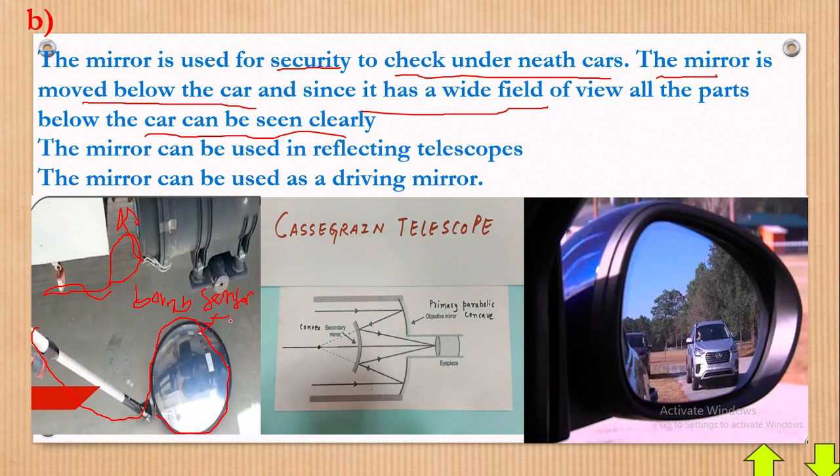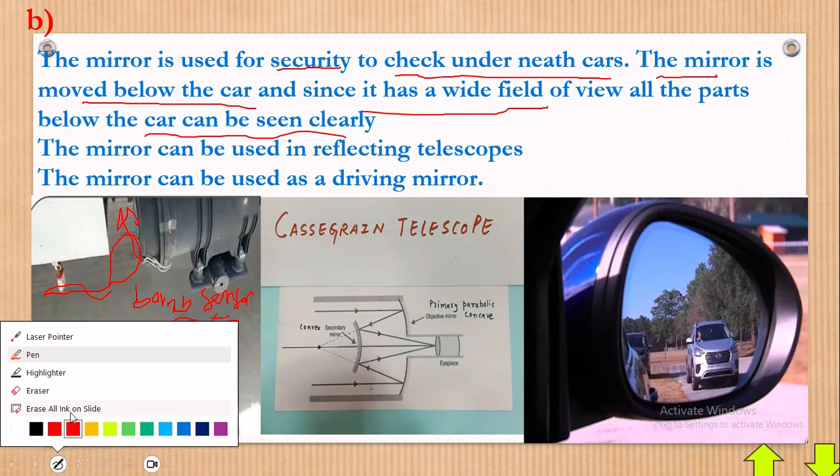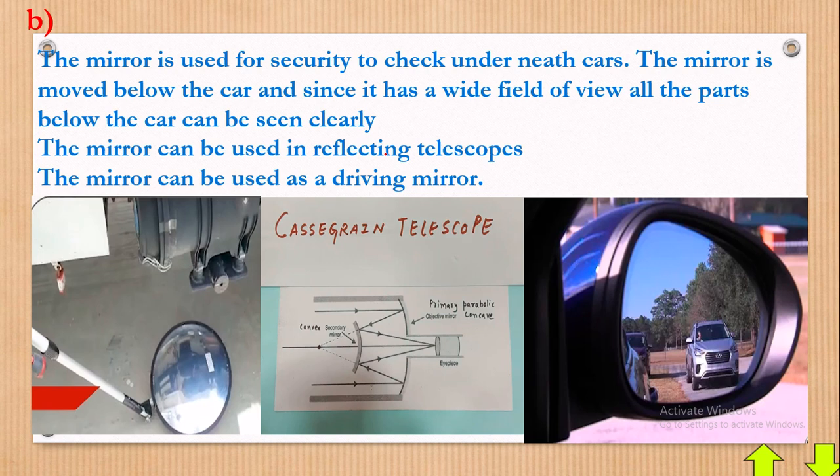Bombs are made of nuclear energy, so they can have a sensor which can detect a bomb or just anything. You never know. So that's about that. One use of the convex mirrors is that they can be used by security to check underneath cars, and we have got that picture there.